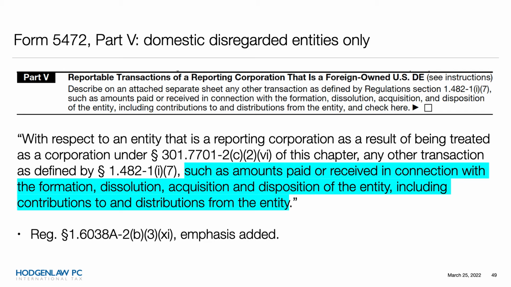So let's say you form it, and then they open a bank account. You just drop $10,000 into the bank account, and it sits there. Is that a reportable transaction? Yes, it is. So this is why I'm saying in 100% of the cases, where you have a 100% foreign-owned domestic disregarded entity, you should expect to have a Form 5472 filing requirement.